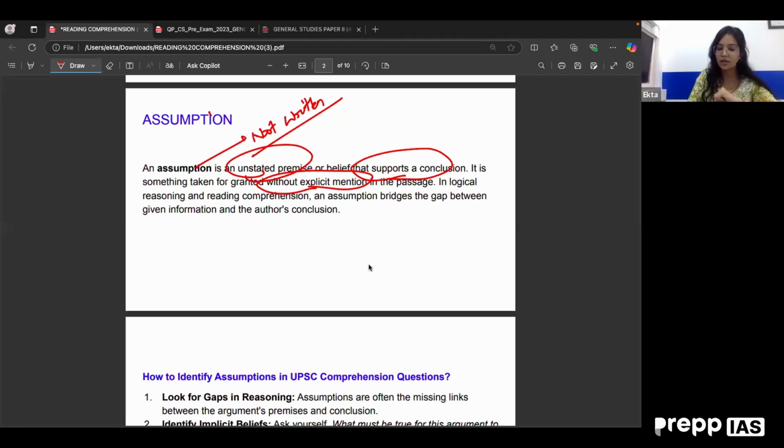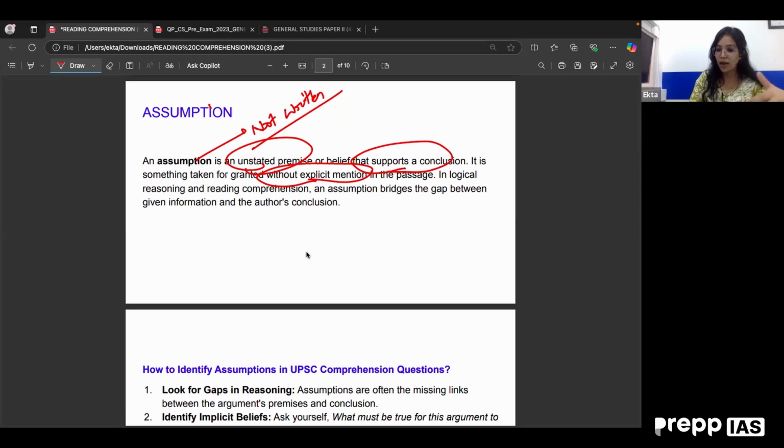ठीक है, बिल्कुल सही. Assumption वो होगा जो हम पैसेज को समझ पाए. जो पैसेज में लिखी हुई चीजें हैं उसको पढ़ने के बाद हमें समझ में आ जाता है कि author क्या सोच रहे होंगे, क्या assume कर रहे होंगे. अगर मैं ये बोल रही हूँ कि CSAT पढ़ना जरूरी है प्रीलिम्स क्लियर करने के लिए, तो कहीं न कहीं मेरे पास एक assumption है, क्योंकि CSAT का रोल काफी important होता है आपके पूरे पेपर के analysis में, पूरे पेपर को क्लियर करने में.